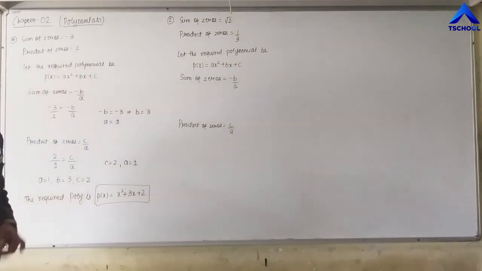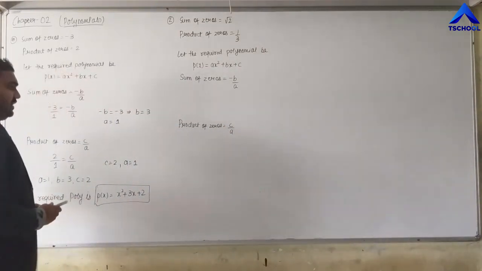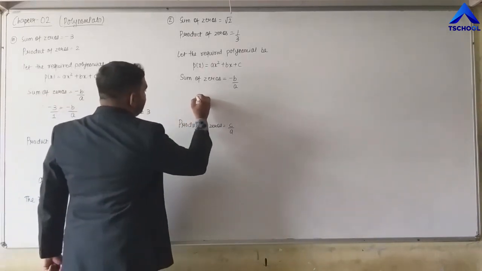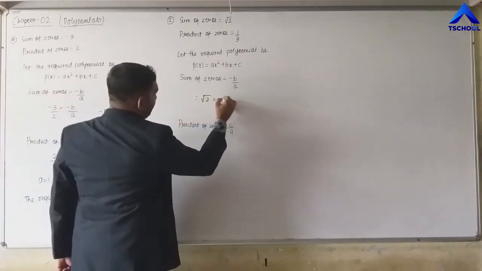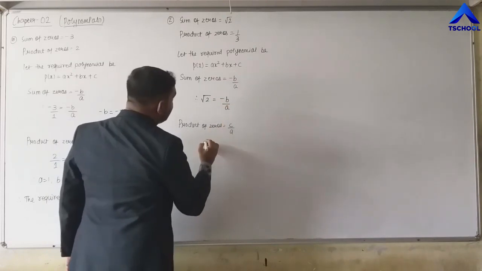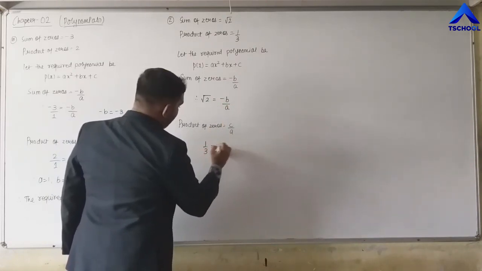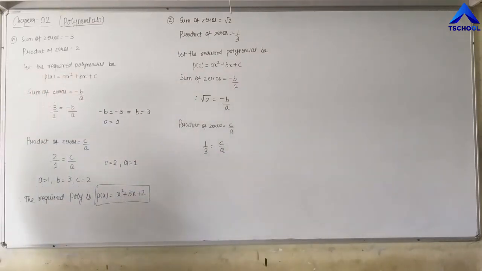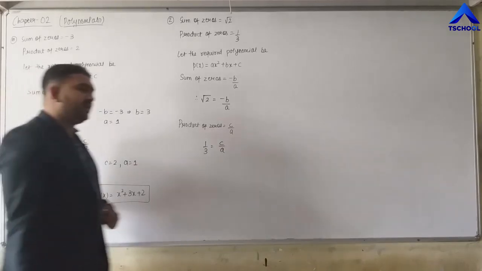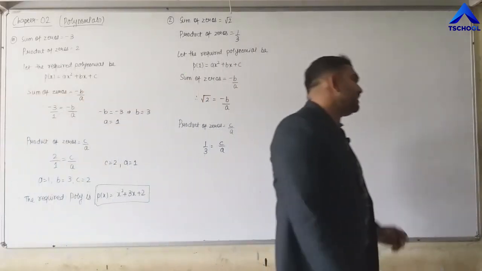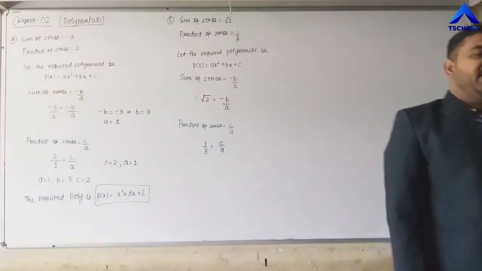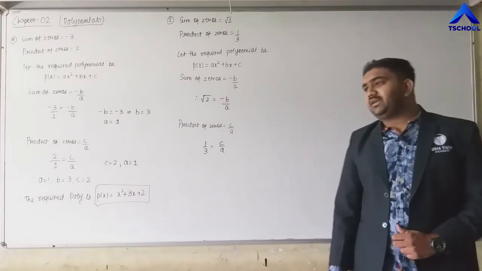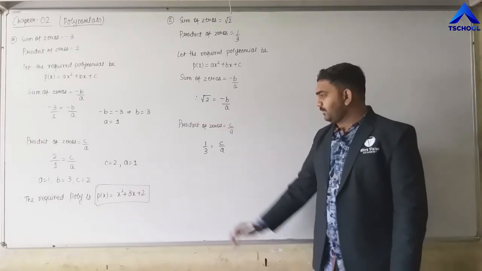Therefore what we can do now is simply compare it with the given values. Therefore root 2 is equal to minus b by a and 1 upon 3 is equal to c by a. Now, as I said, you can directly compare the values only when the denominators of both the ratios are the same. If you see here, the denominators are not the same.